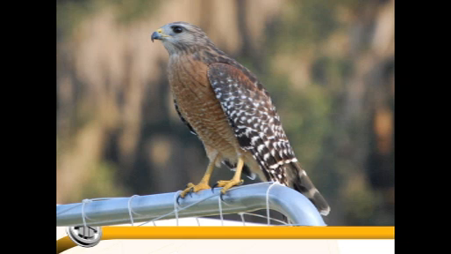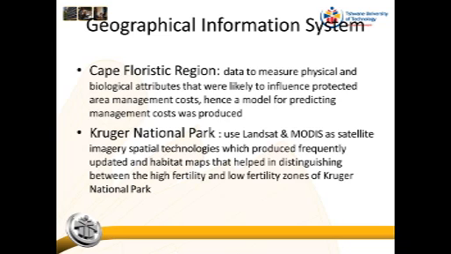Now, there are many achievements that we made in as far as ICT in the form of Geographical Information Systems, the Cape Floristic region, and the Kruger National Park. They've all done this in a way that it has helped them. For specialists, Kruger National Park has used Landsat and MODIS technology, which have helped them to identify between high fertility and low fertility zones, so that they can know which plant can be put here for their animals to survive. As well as the Cape Floristic region.